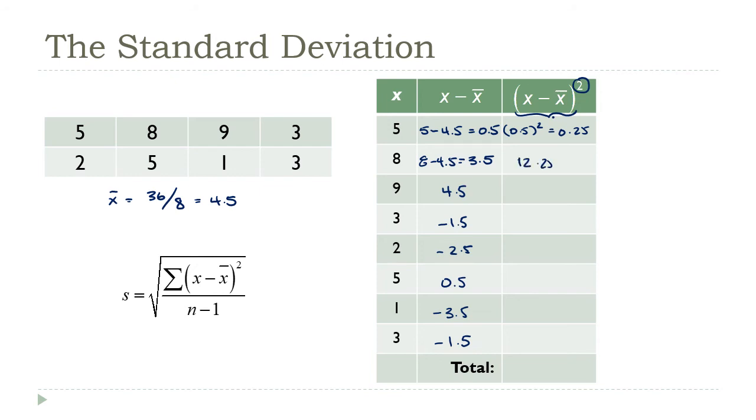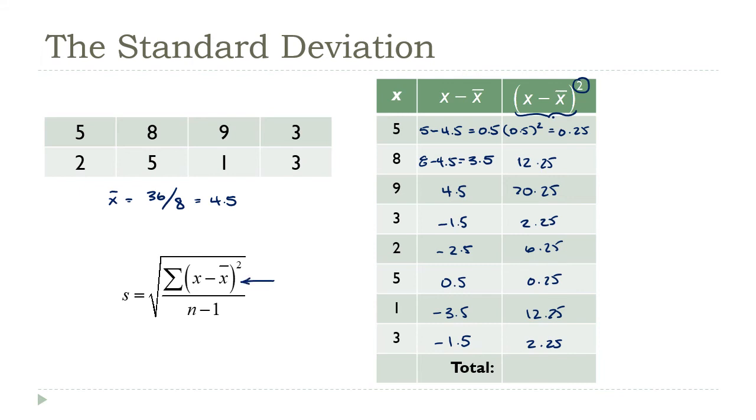This is 12.25, 20.25, a lot of quarters here, 2.25, 6.25, 0.25, 12.25, and 2.25.